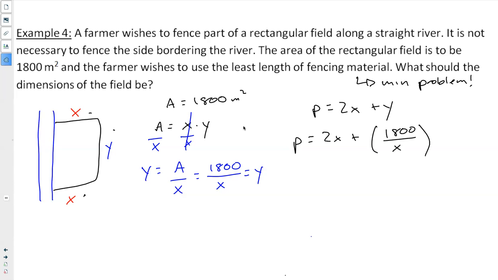Okay, let's rewrite this 1800 divided by x so it's easier for us to take the derivative of. So p is equal to 2x plus 1800 times x to the negative 1. Let's take the derivative of this. So p prime is equal to 2. That negative 1 comes down, so we have negative 1800, and we subtract 1 from the exponent, so we get x to the negative 2.